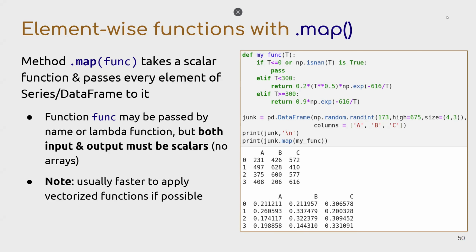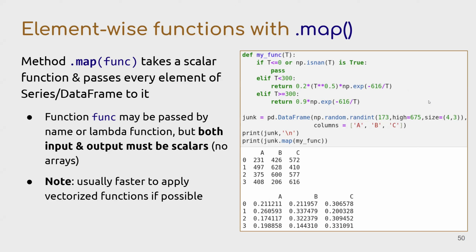But you might need to use map for something like this function that I've created over here, where the conditions change depending on the value of each individual cell. I've designed this to look vaguely like something you would use to calculate the coefficients of a chemical rate equation.